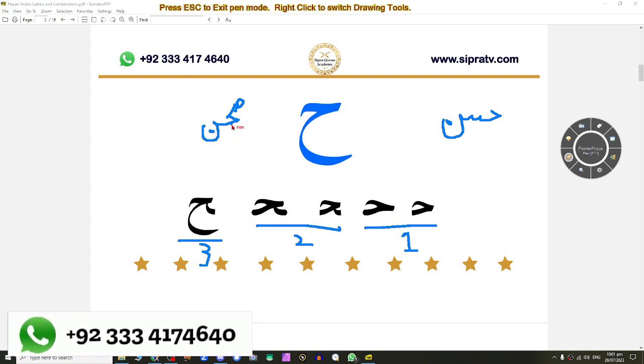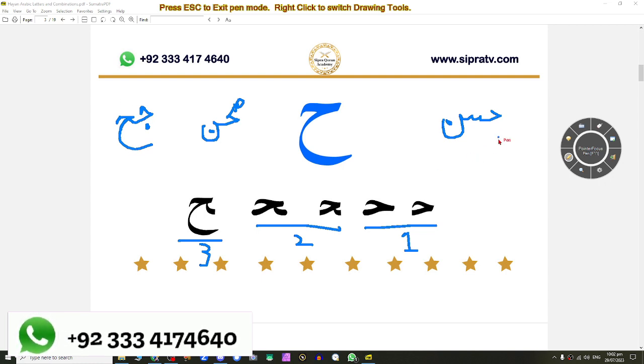So this is ha in the middle, this is meme ha noon. Similarly, if we write it at the end, it will be somewhat like this, jim and ha. Now it is coming at the end. This is in the beginning, in the middle, and at the end.